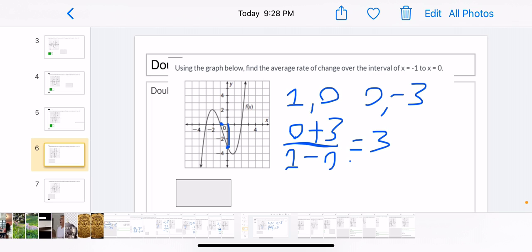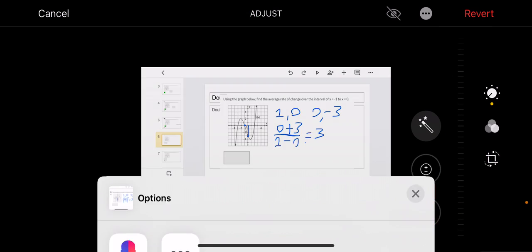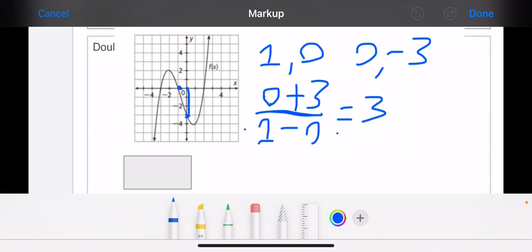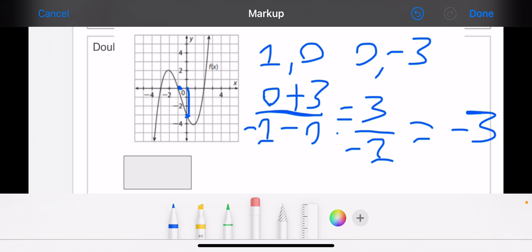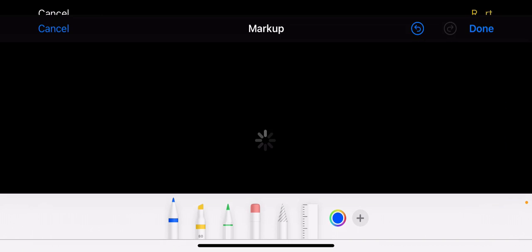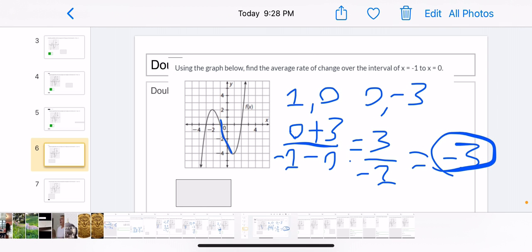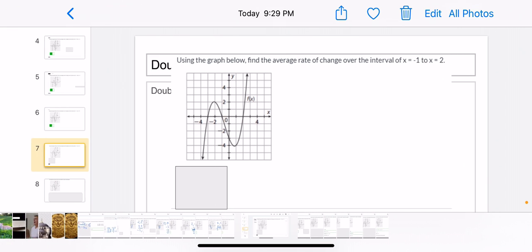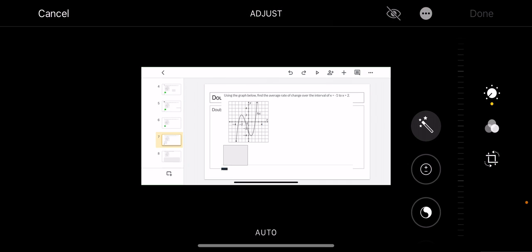Why is it -3, 0? Oh, it's -1. That's my problem. It was -1, so that would equal 3 over -1, which would equal -3. And since the slope is decreasing, you know your answer would be negative. But I did not see that.